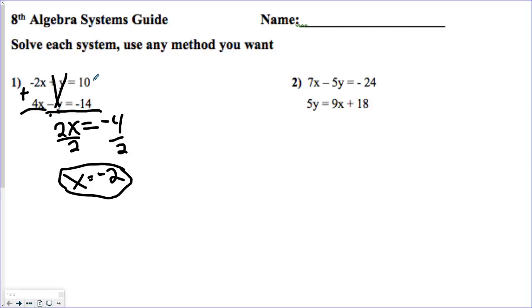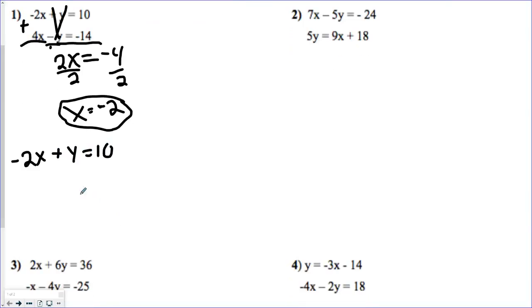So for example, this top equation right here says negative 2x plus y is equal to 10. Well, I know what x is. I know that x is negative 2. So instead of saying negative 2 times x plus y is 10, I'm going to say negative 2 times negative 2 plus y is 10. And this, again, is an equation I can solve for now.